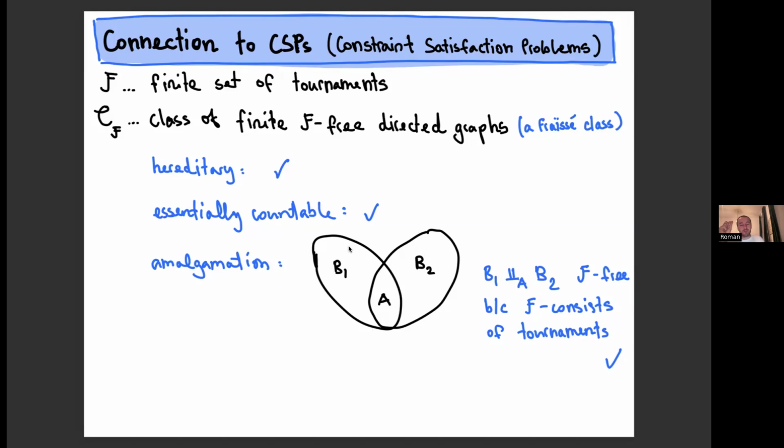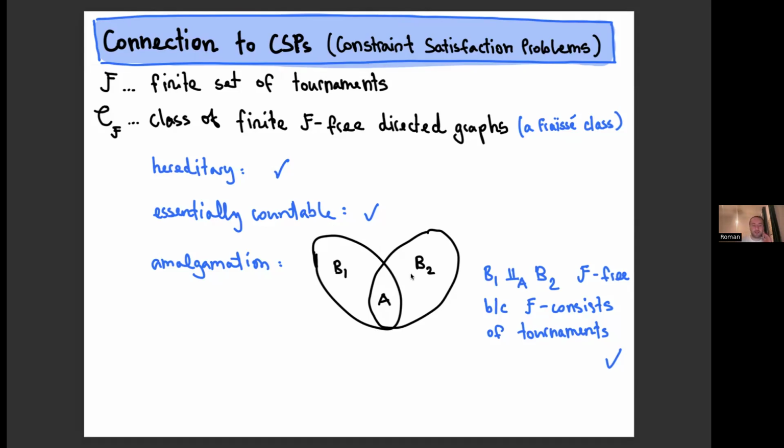So we cannot possibly be in the situation that a tournament maps one vertex into here and another into here. So a tournament always has to be within B1 or within B2. So if we had an embedding from a tournament into this whole thing, this would be an embedding of the tournament into one of the two graphs, which by assumption are F-free.